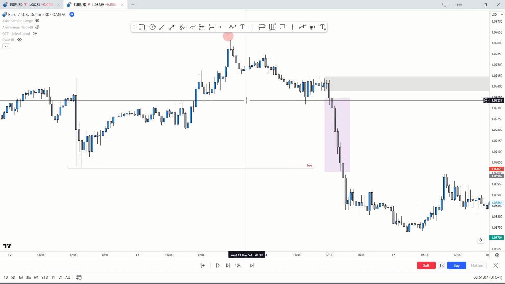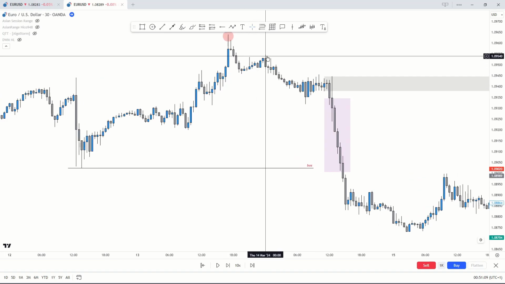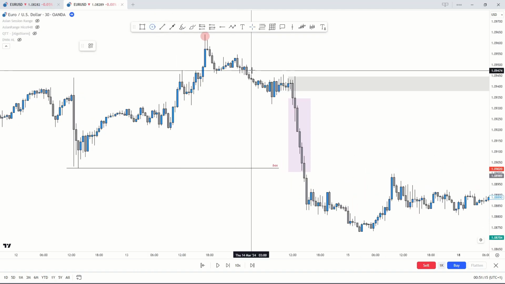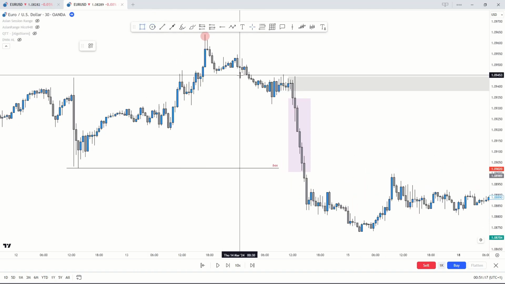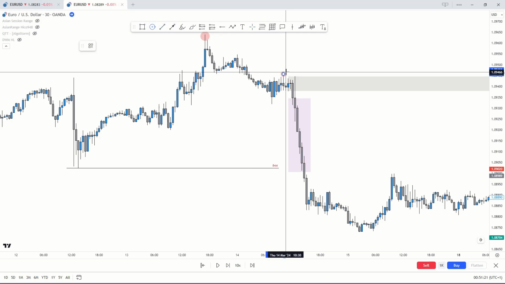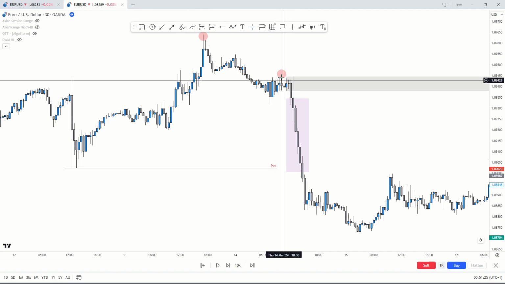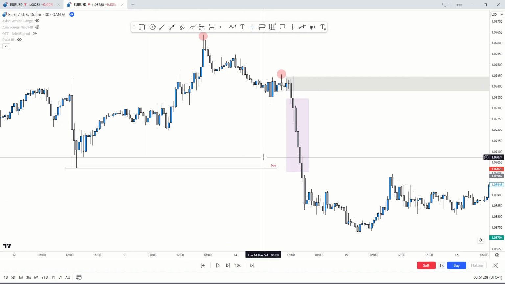Now, price then comes back up and it looks as if it mitigates something on the left here, but I'm not going to mark it up because it's not very clear. Then price creates this zone over here and price comes back into it with this wick over here. So that is our second mitigation, right? And again, this mitigation then went off to cause this break of structure.